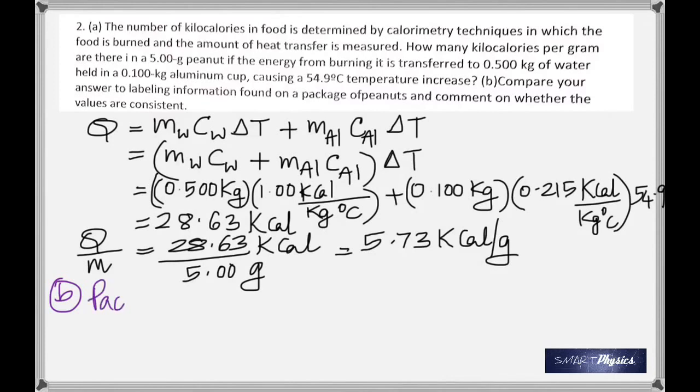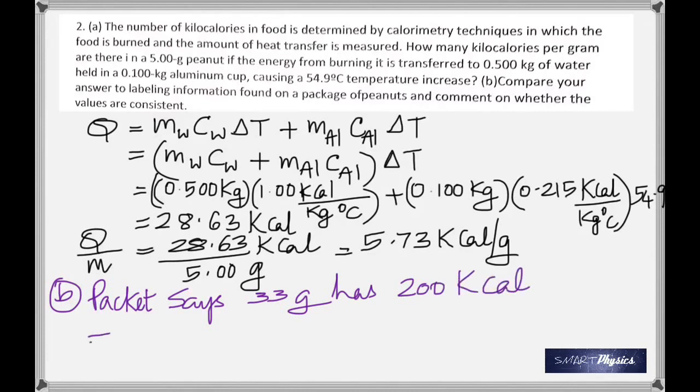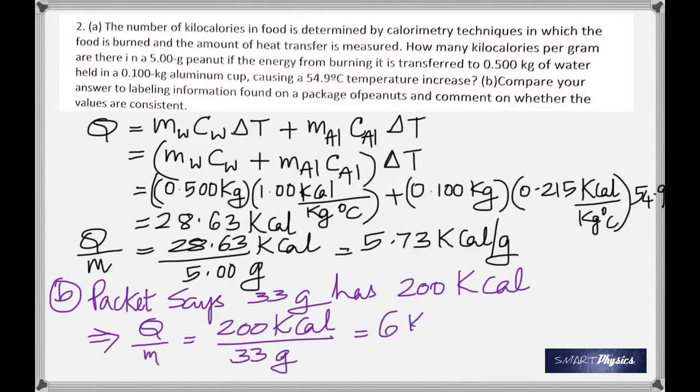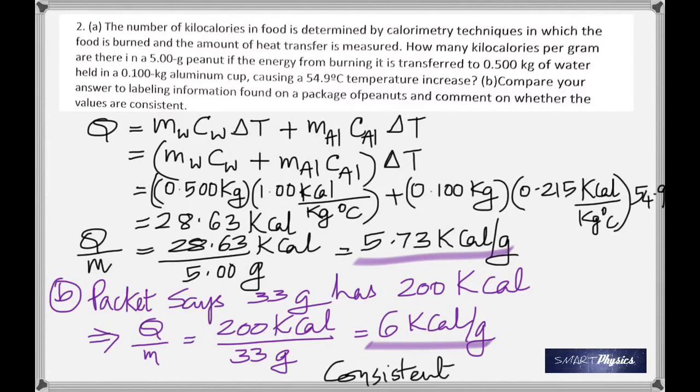And does this agree with the information on the package? Well, what does the package say? The package says 33 grams has 200 kilocalories. So for 1 gram, it's 200 by 33. That gives 6 kilocalories per gram. So it is consistent and it agrees.